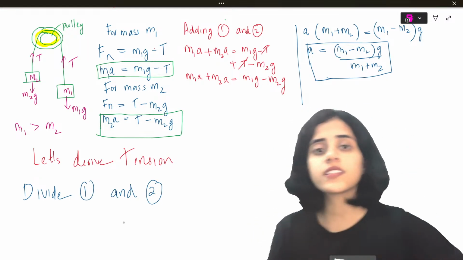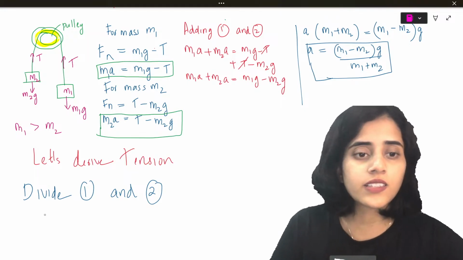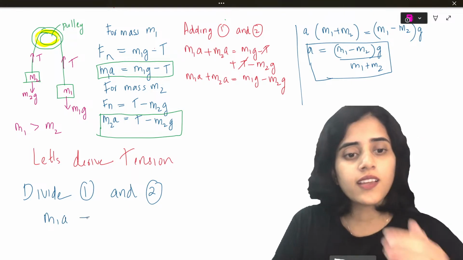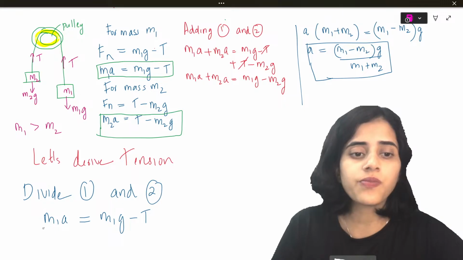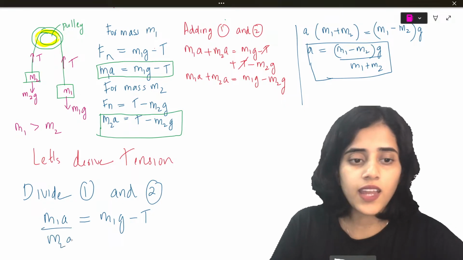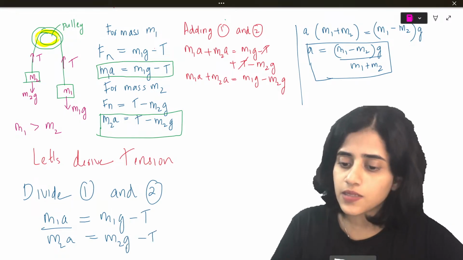So what will I get? M1A is equal to M1G minus T, divided by M2A is equal to T minus M2G.